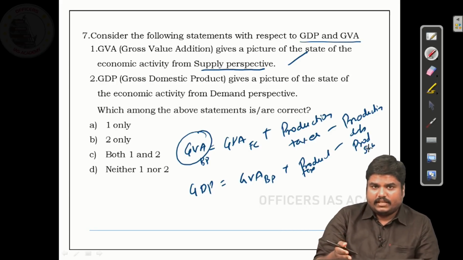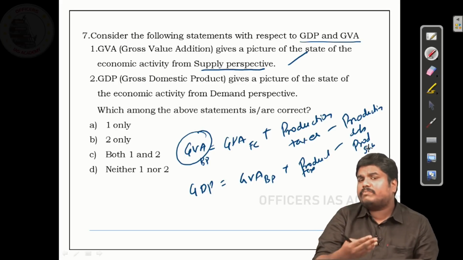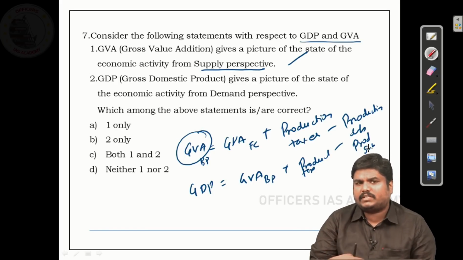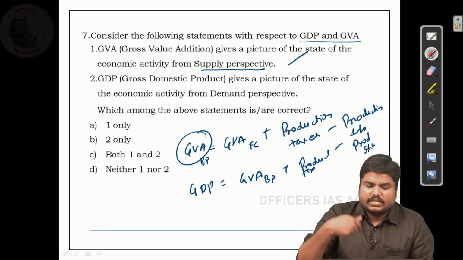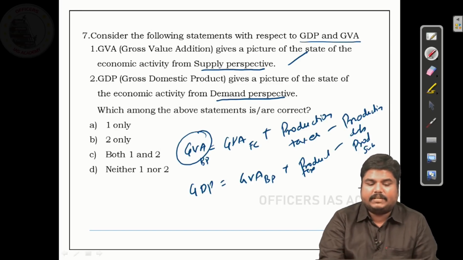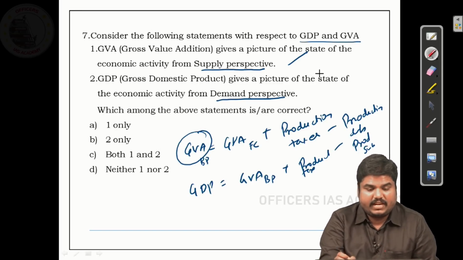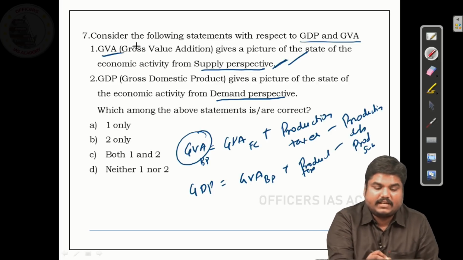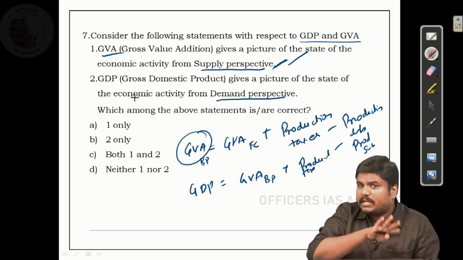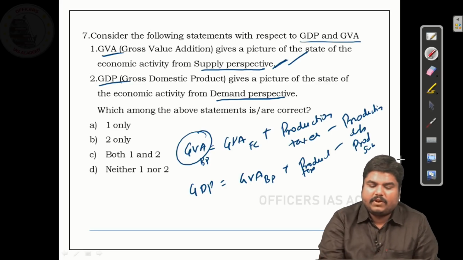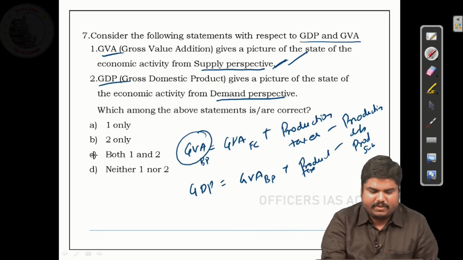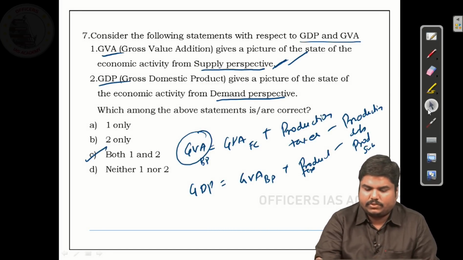This is going to give the picture from the consumer perspective. The consumer is going to create the demand, so it is from the demand perspective. So GVA gives a picture of the state of economic activity from the supply perspective, that is a correct statement, from the factory perspective. GDP is going to give you a perspective from the demand side, from the consumer side. So both these statements are correct. So the answer is going to be C, both 1 and 2.